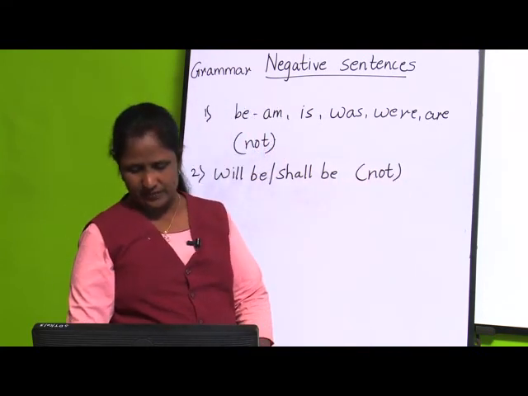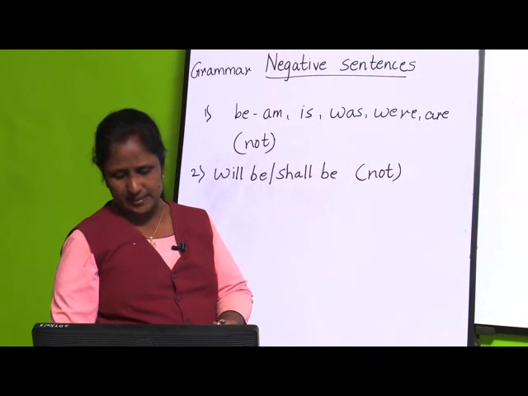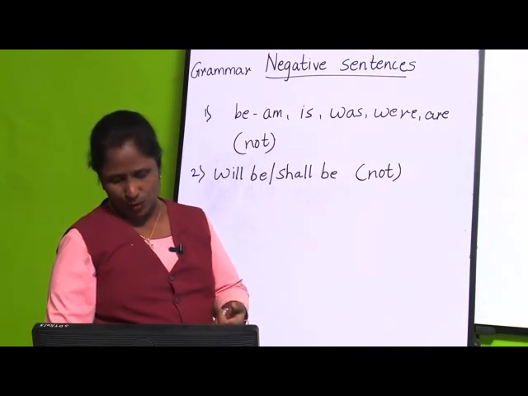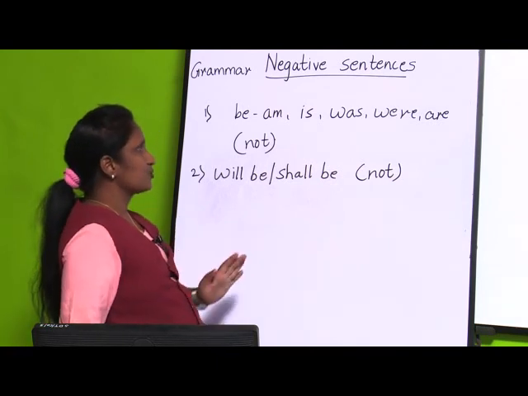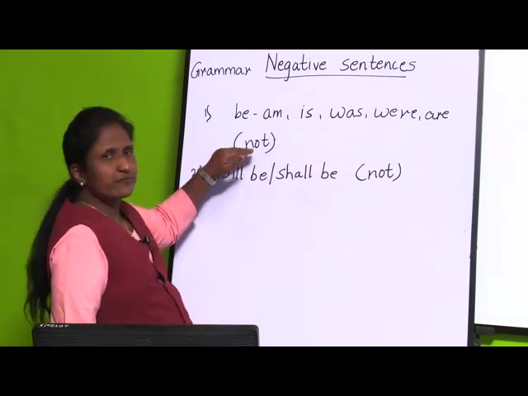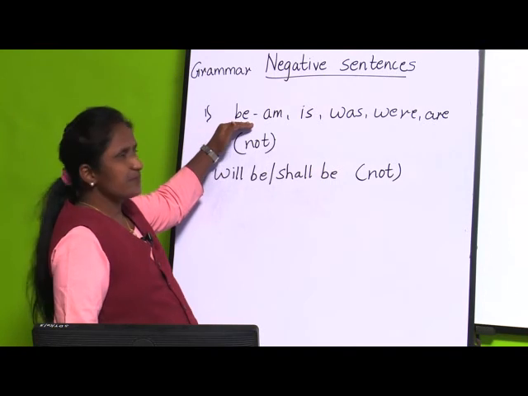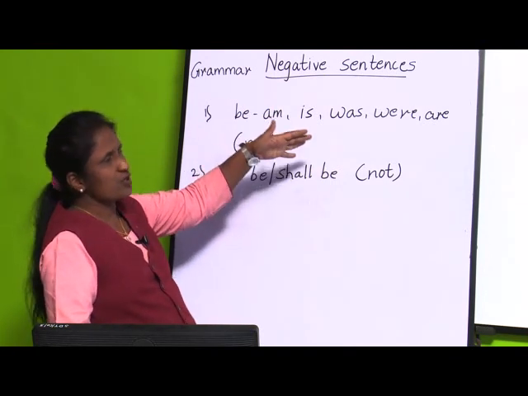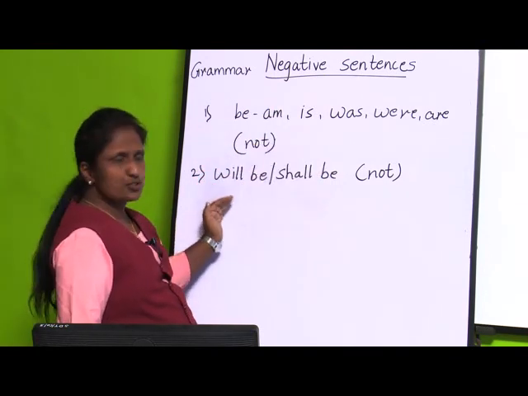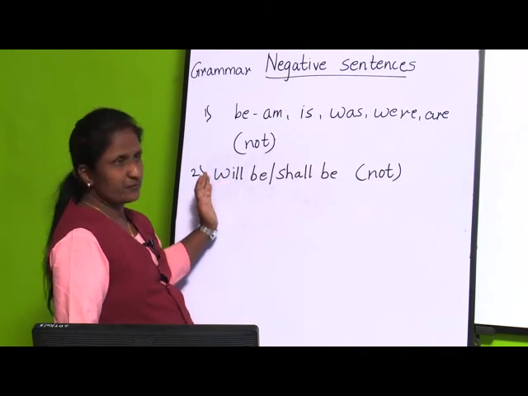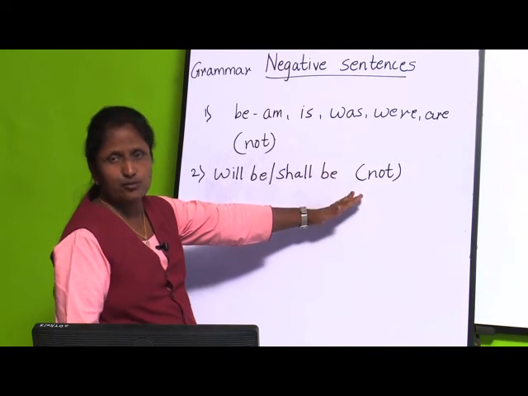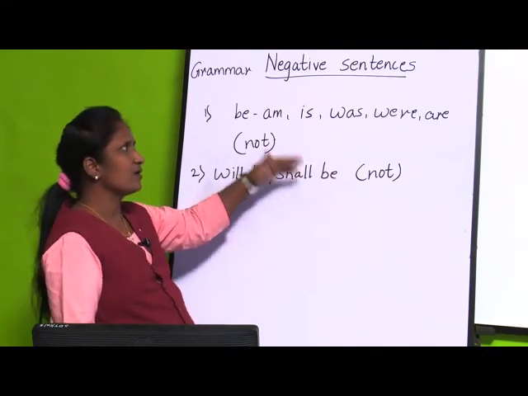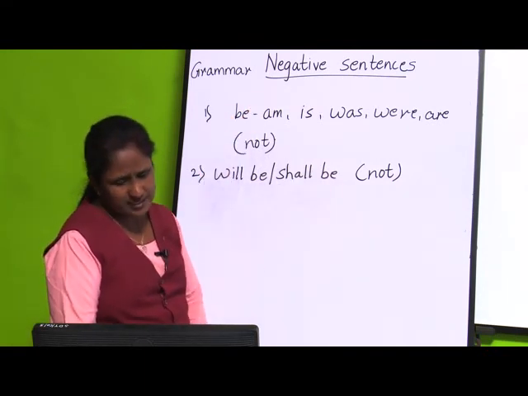For example, he will not be present on the occasion, or we shall not go to the picnic. So these two things you have to remember. We use the word not when it is a be form of verb, that is am, is, was, were, are. And also when we are using will be or shall be, we use the negative word not for writing negative sentences.